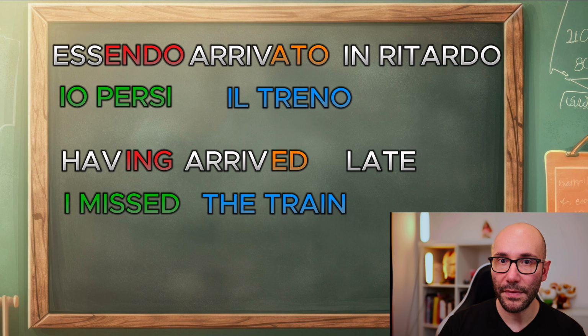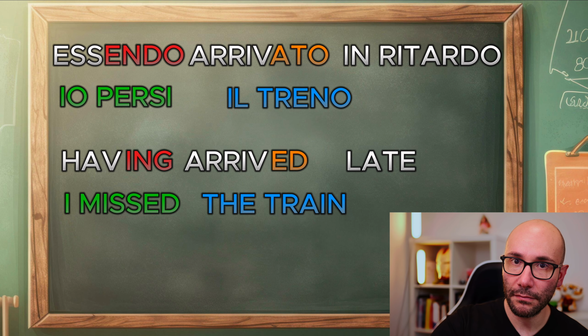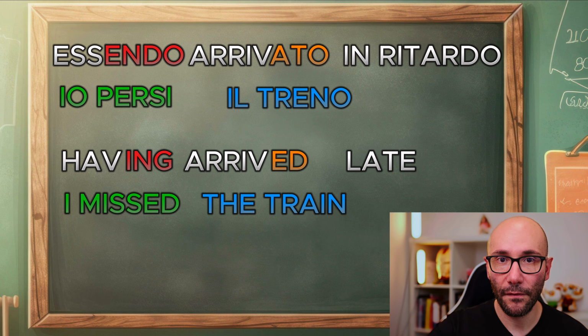Again, it describes an ongoing action that started, lasted for a specific amount of time, and then it ended as I missed the train. So, to sum up, Gerundio Presente: I'm doing something as something else happens, while Gerundio Passato describes an ongoing action that lasted for some amount of time, but happened before the main clause.